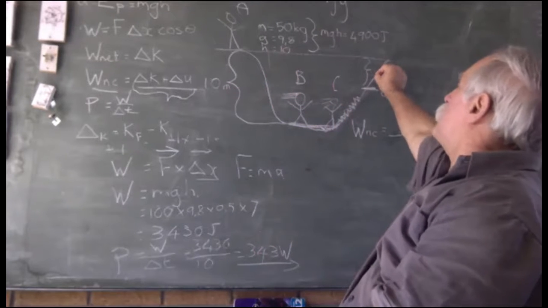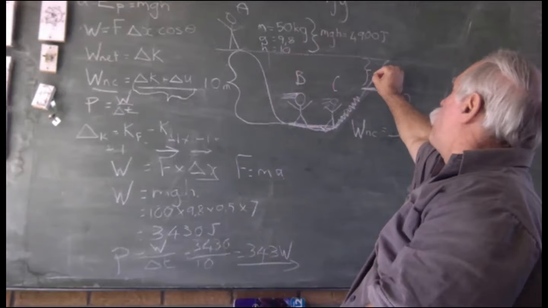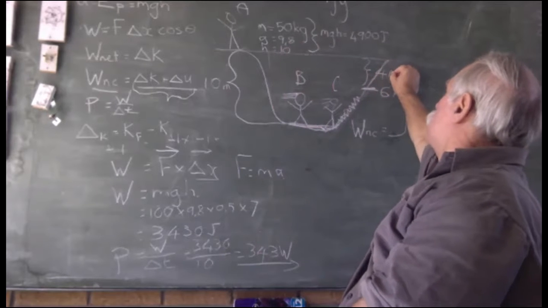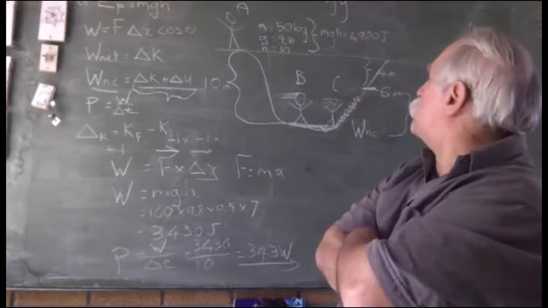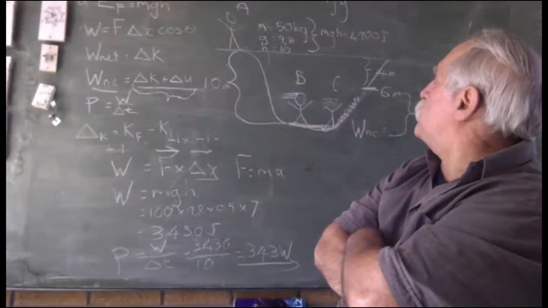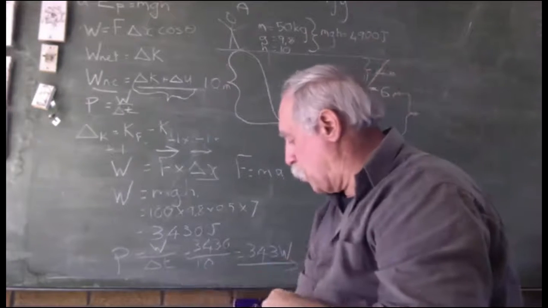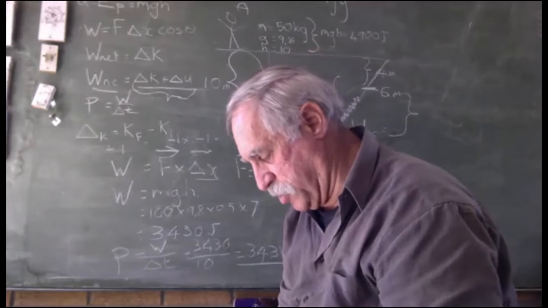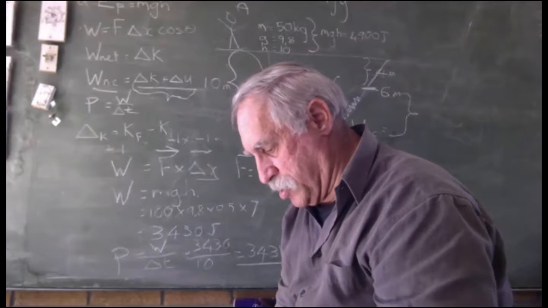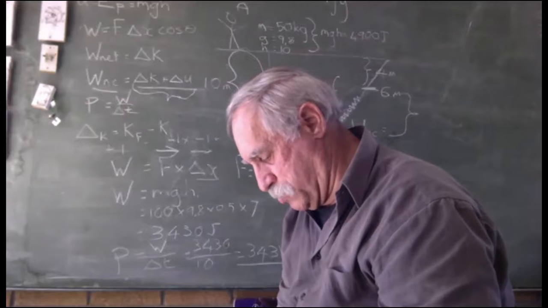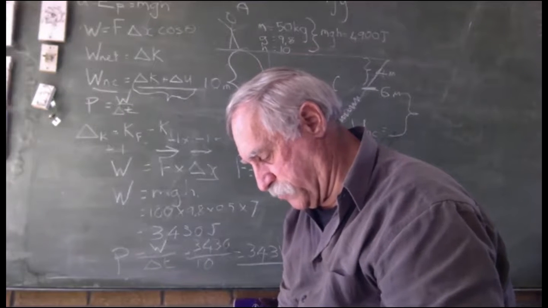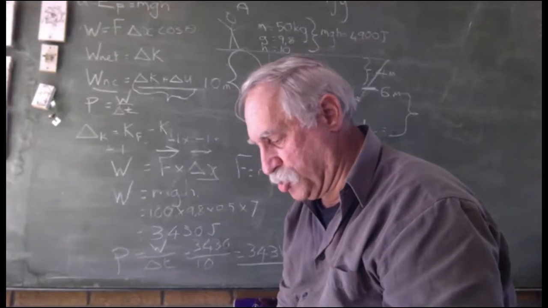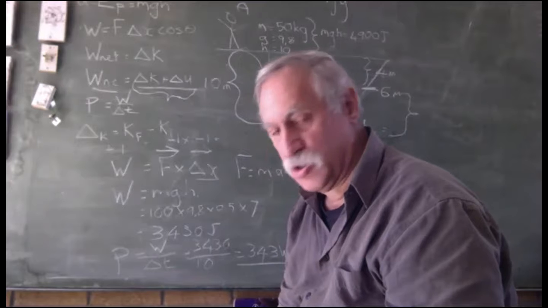G is still 9.8, but she's lost 4 meters of the hill. So just do that calculation. 50 times 9.8 times 4. And that comes to 1,960.